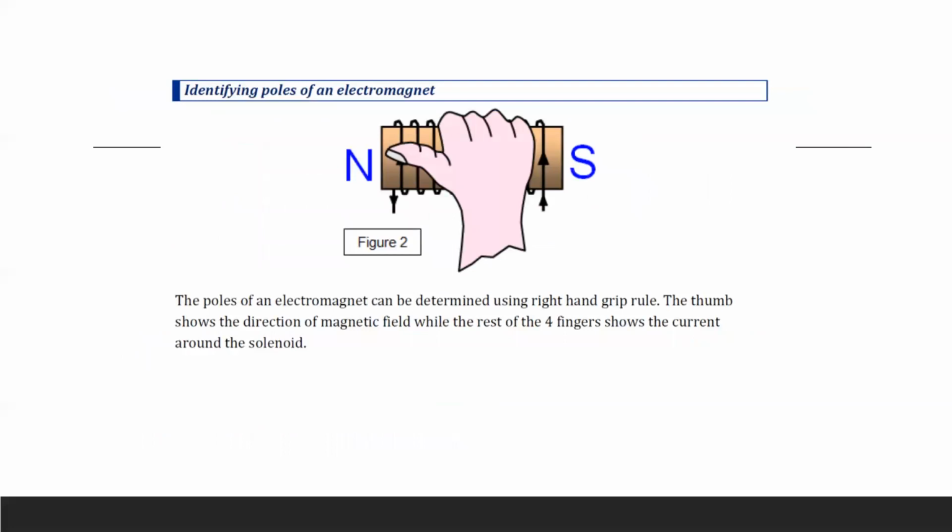So as we know, current has a magnetic effect. When current passes through a wire, the current produces a magnetic field. So if you want to find the direction of the magnetic poles, we can use the right hand grip rule.